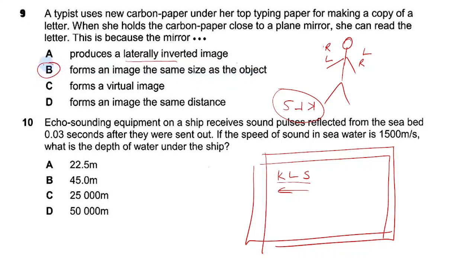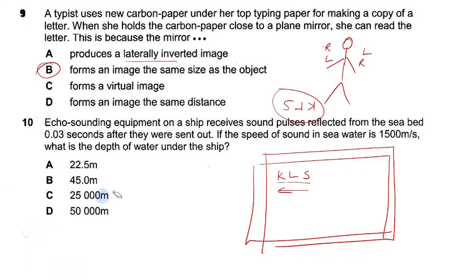Yes, this one, because the image on a plane mirror and the object have the same size. I think that can be the one that at least can enable a person to read. Otherwise, this one can confuse a person, so the person cannot read properly because this can confuse them.